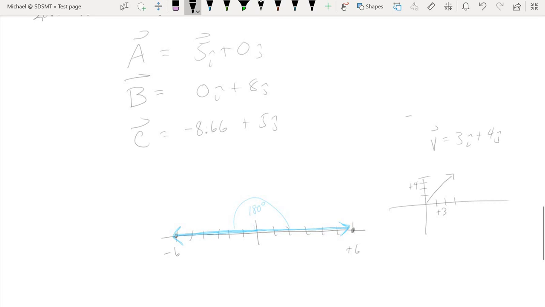Well, let's take vector v and multiply it by a -1. What we do to one side, we have to do to the other. And we now have the vector -v, which has components -3, -4.